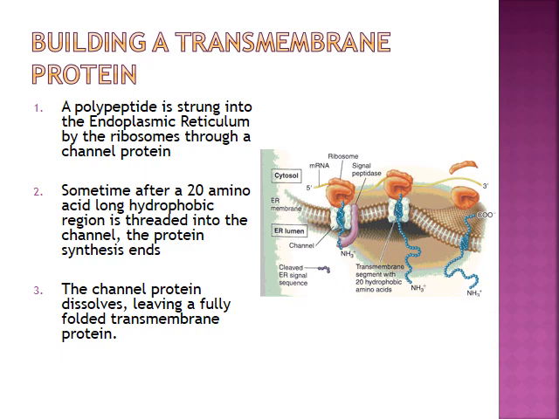Now the deal is, though, some of these amino acids are hydrophilic. Some are hydrophobic. The hydrophilic ones go right through and enter into this aqueous area of the endoplasmic reticulum. The hydrophobic ones don't want to leave that channel. They want to stay away from the water. If 20 hydrophobic amino acids build up in there, it creates a clog.